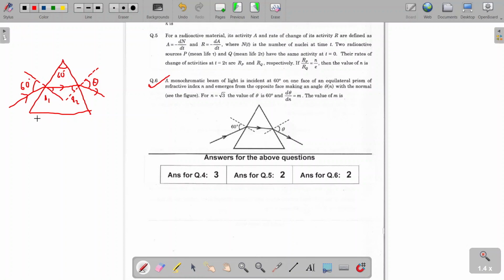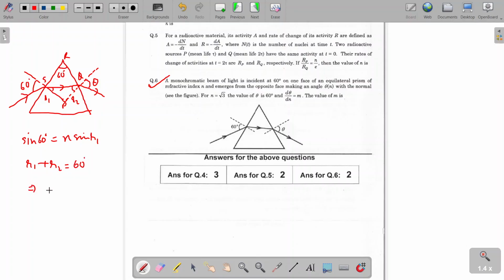So we can readily use the relation that sine 60 degrees into the refractive index of air is equal to the refractive index of the prism n into sine r1. Then using the property that this quadrilateral PQRS is a cyclic one, we can easily say that r1 plus r2 is equal to 60 degrees.